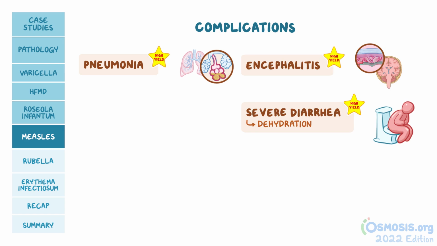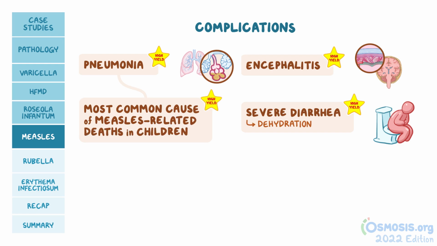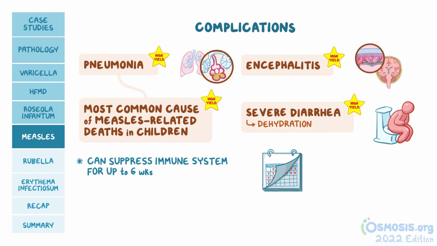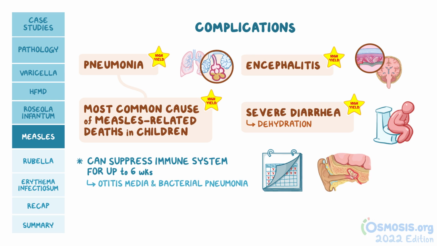Although all these complications can lead to death, you should remember that pneumonia is the most common cause of measles-related deaths in children. In addition, measles can suppress the immune system for up to 6 weeks, and this can contribute to bacterial superinfections, like otitis media and bacterial pneumonia.